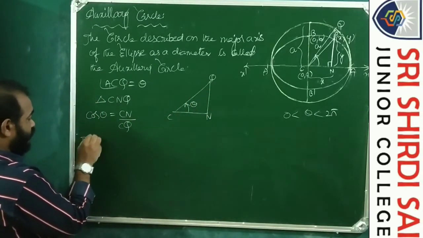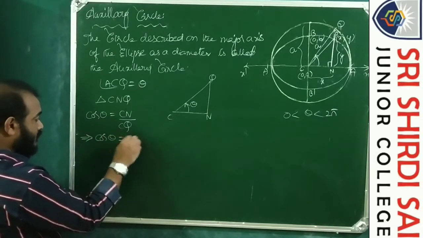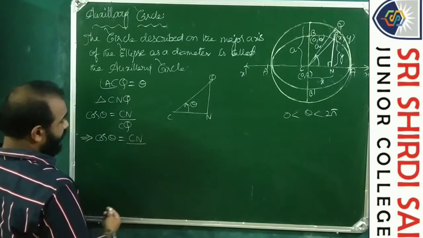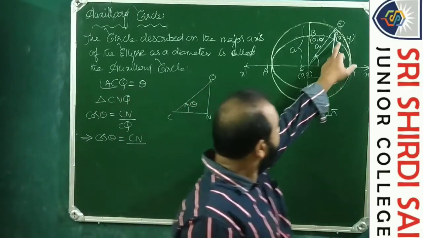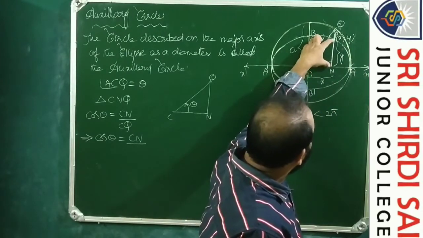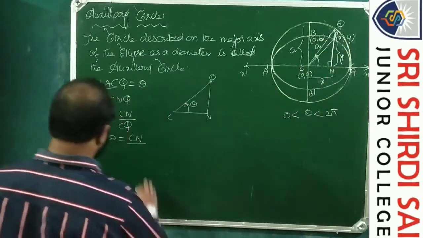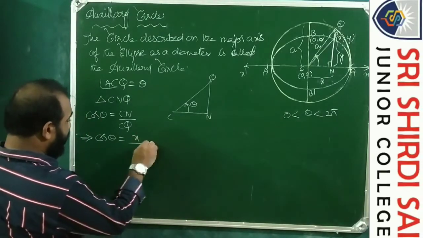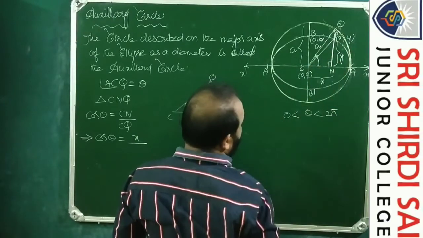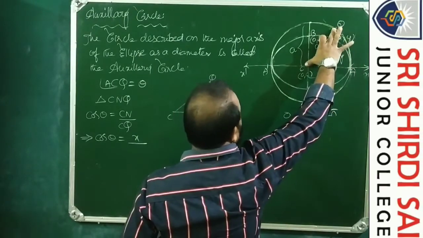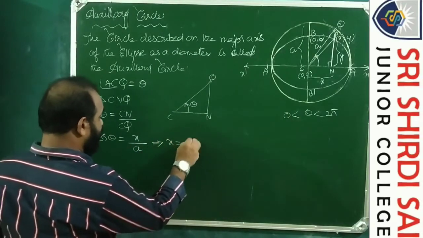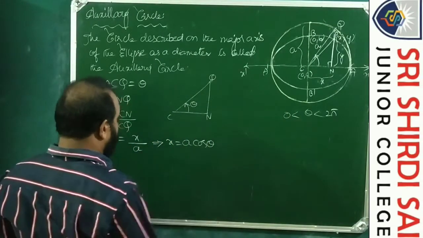So cos theta is equal to CN by CQ. If this is P(x, y), this CN is x and this PN is y. So CN is x, and CQ is the radius of the auxiliary circle, which is A. So cos theta is x by A, so x equals A cos theta.